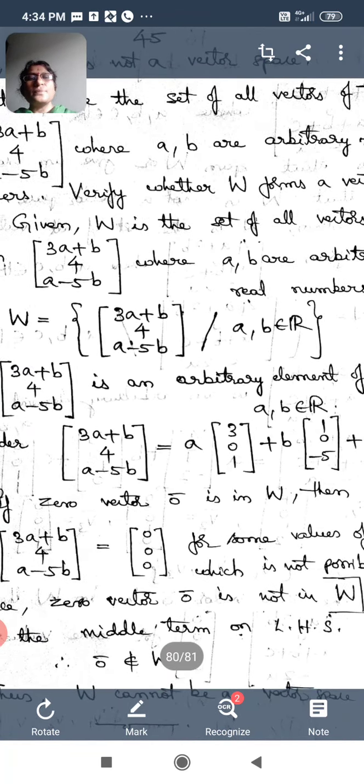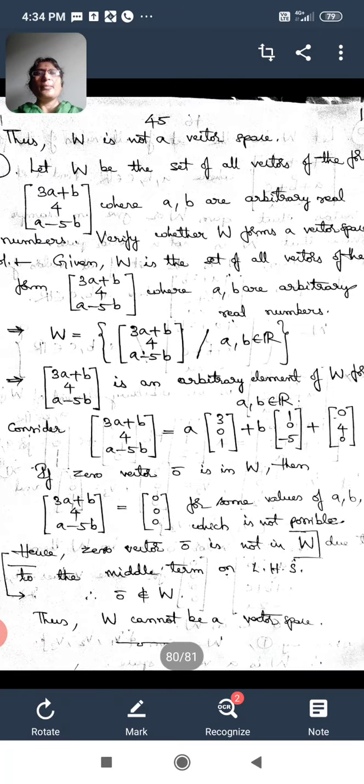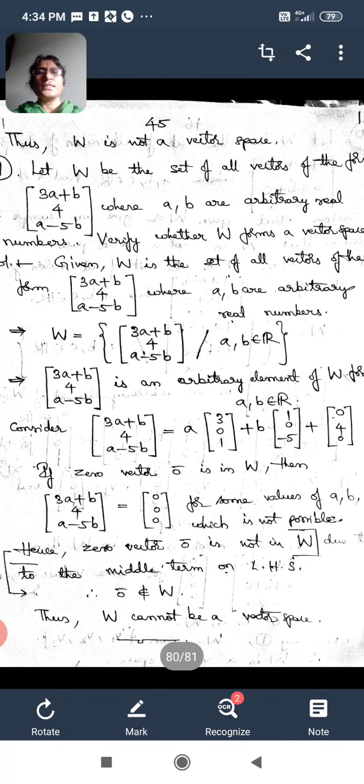So 3a plus b, 4a minus 5b is an arbitrary element. What is meant by arbitrary element? It can be any element of W depending on the values of a, b, which are taken from the set of real numbers capital R. Now consider that arbitrary element, with 3a plus b as the first entry and 4a minus 5b as the third entry.